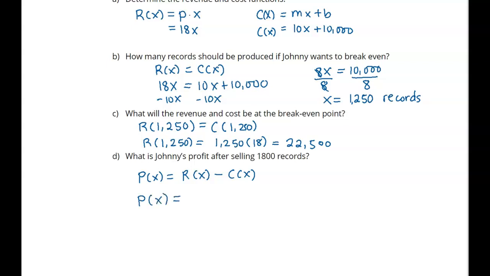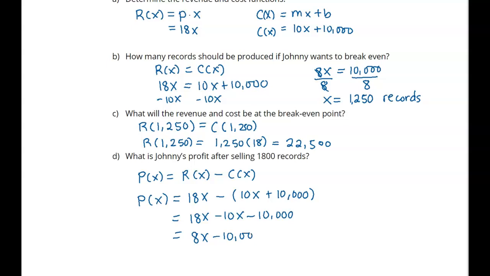So our R of x is 18x, and then our cost function is 10x plus 10,000. Simplifying this, we have 18x minus 10x minus 10,000, and 18 minus 10 is equal to 8x minus 10,000. This is our profit function.